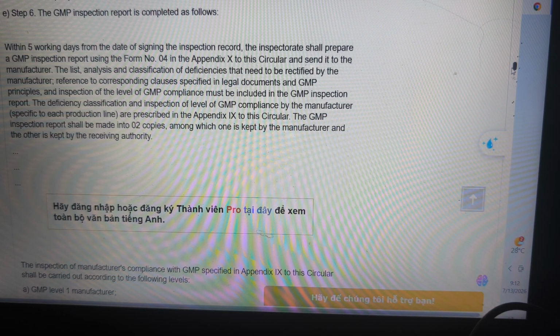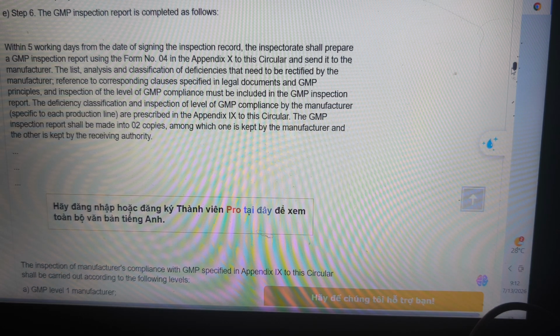The GMP inspection report shall be made into 2 copies, among which one is kept by the manufacturers and another is kept by the receiving authorities.